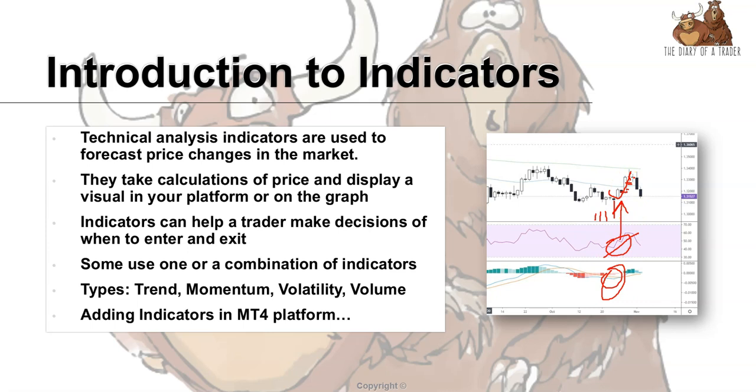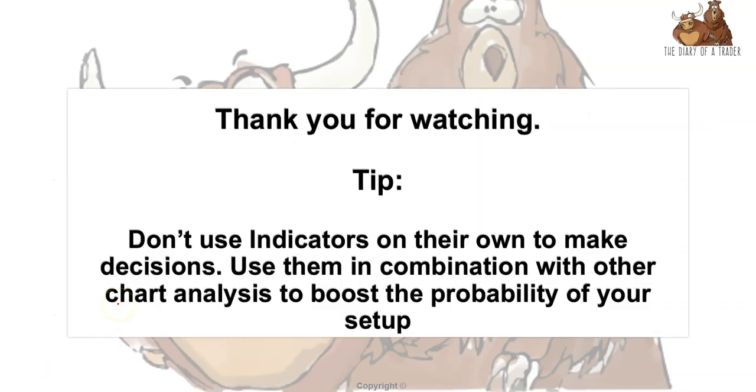So that is something to bear in mind, because indicators are, as the name suggests, not a definitive indication, definitive show of where price is moving, but they indicate what could happen, just like the name suggests. So everything's about probabilities, and just bear that in mind when you do use the indicators.